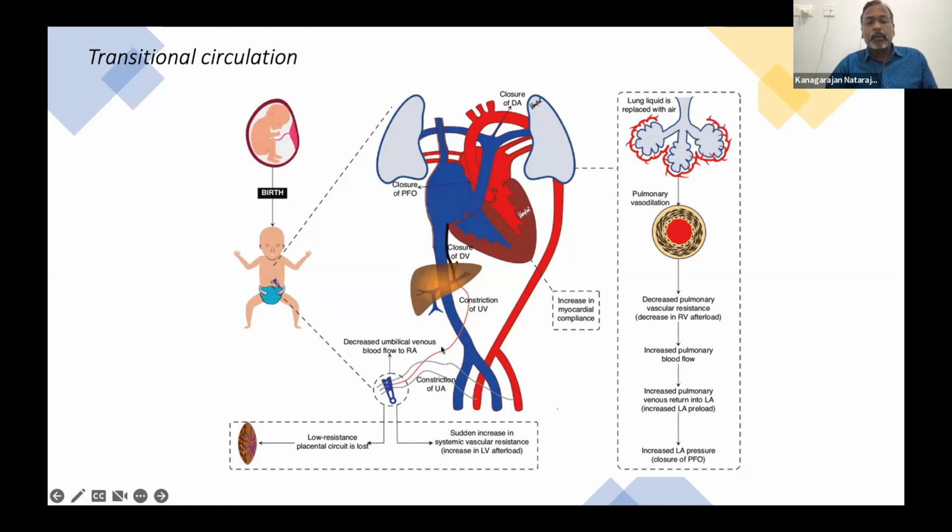The umbilical artery constricts and closes. So the placental circuit is lost, and the systemic vascular resistance increases. So the PFO is closed. These are the important changes: one is the reduction in the PVR, then the closure of all these shunts.